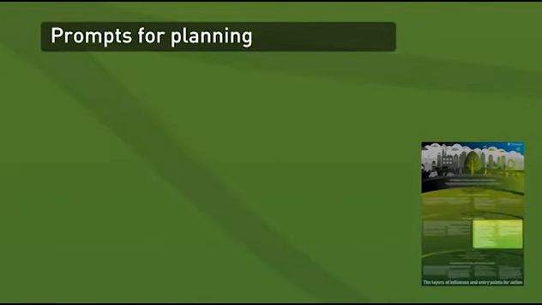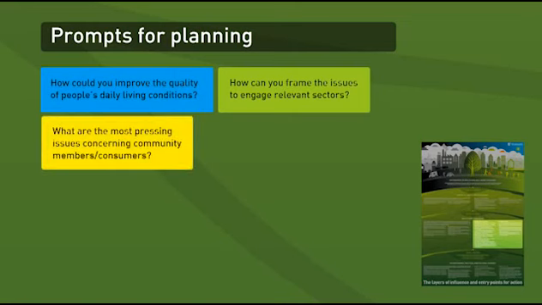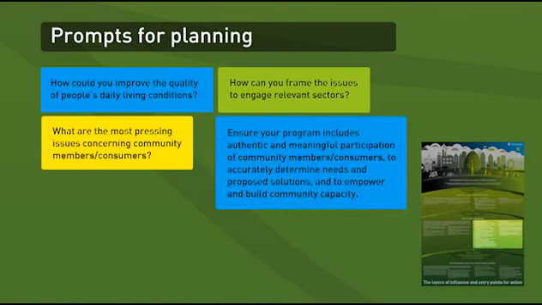Some prompts for planning at this layer are: How could you improve the quality of people's daily living conditions? How can you frame the issues to engage other sectors? What are the most pressing issues concerning community members or consumers? Ensure your program includes authentic and meaningful participation of community members or consumers to accurately determine needs and propose solutions, and to empower and build community capacity.